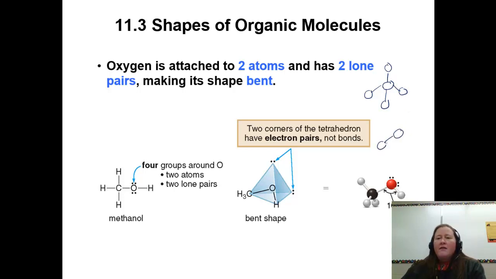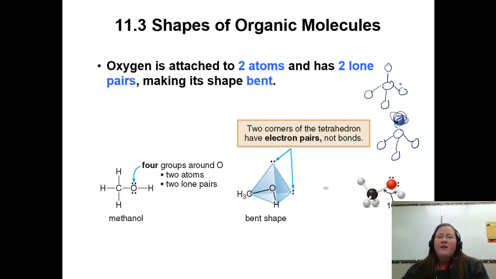When we had 3 atoms attached and 1 lone pair, the angle was a little less than 109.5. Now again, that is not assuming that we have these more complex structures.